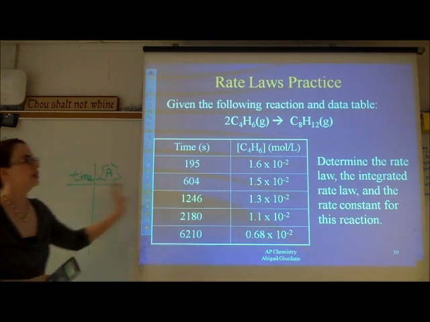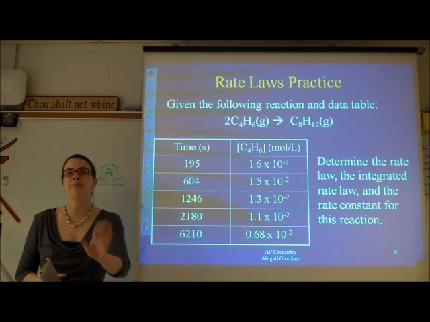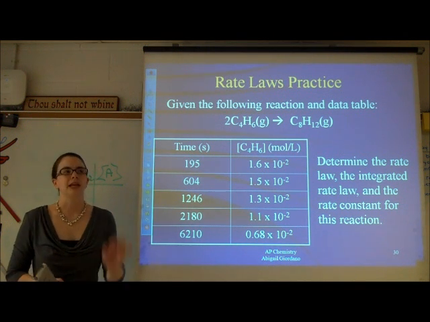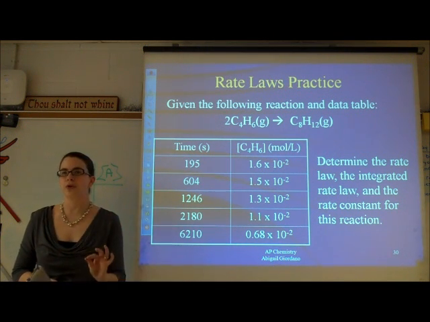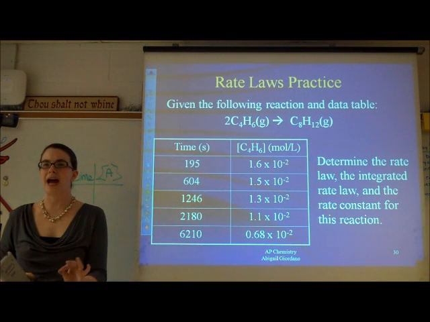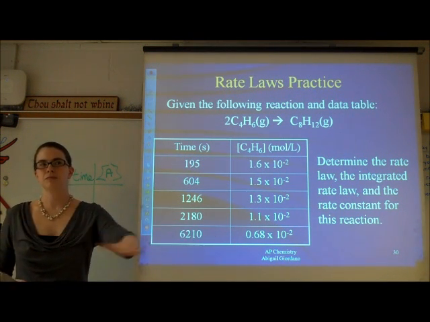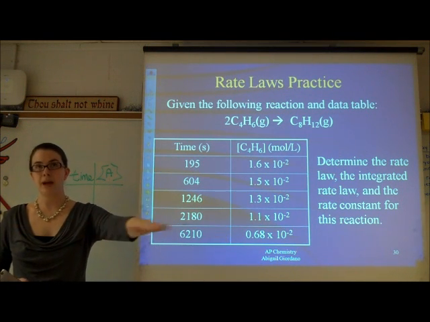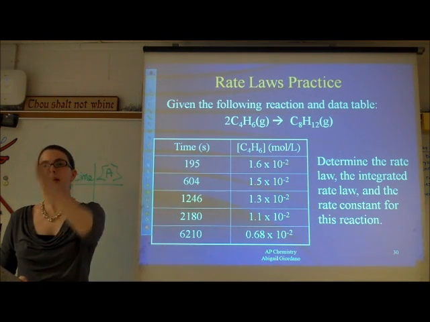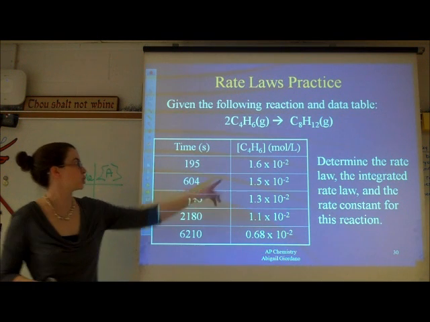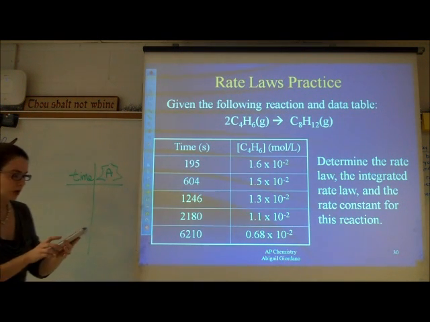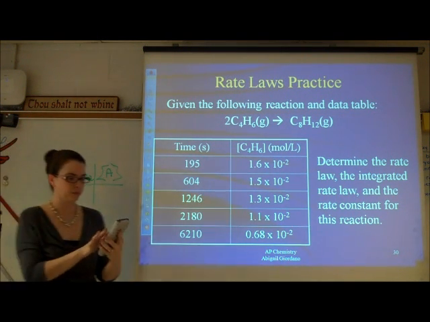Let's test for the simplest type first. Let's test for zero order. What is on a graph for zero order? What's on the X? Time. What's on the Y? Just molarity. So here we go, ladies and gentlemen.